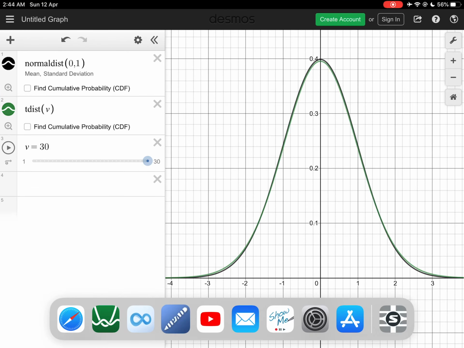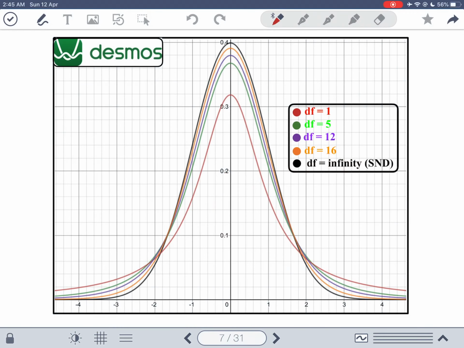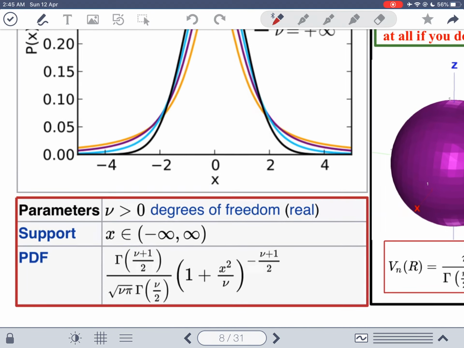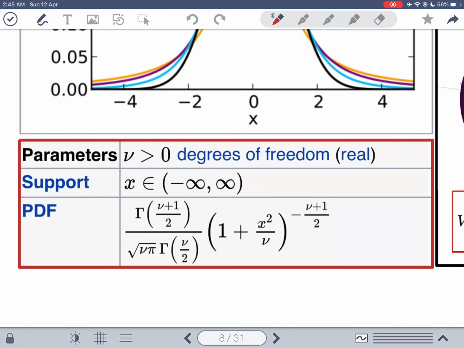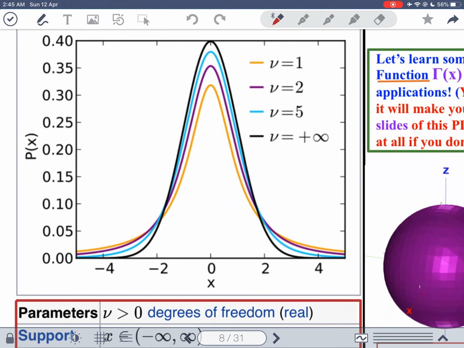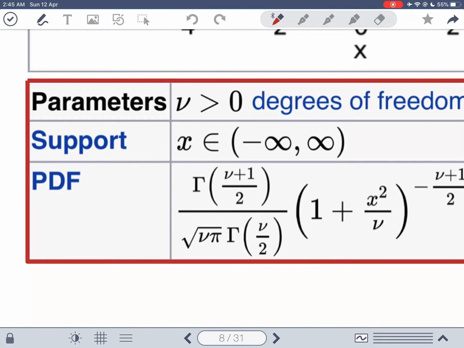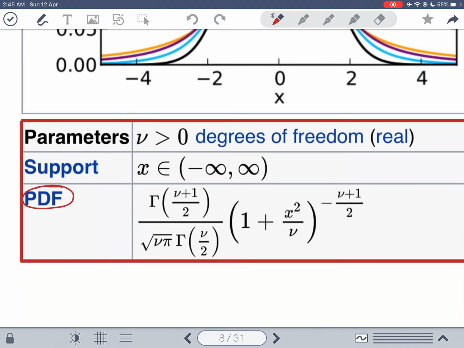So let's go back to our notes, and we will look at something here. Of course, here I also give you the picture that you saw in Desmos, an approximation with different values of degrees of freedom, v. And here is the probability density function of the t-distribution with degrees of freedom v.